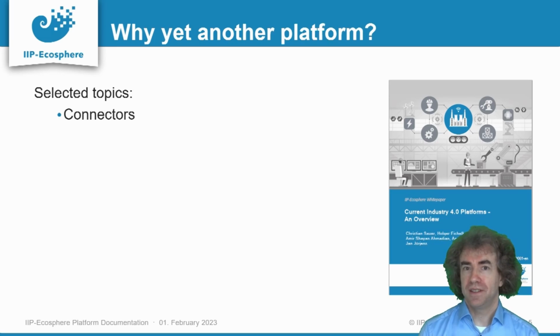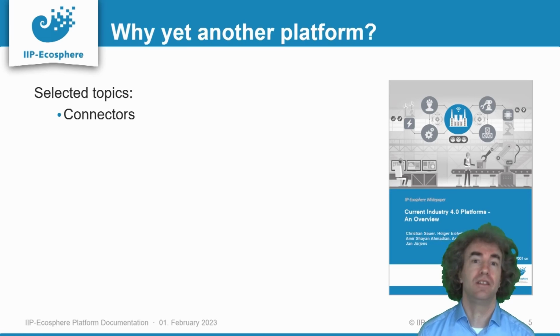At that point, it is interesting to know that some of these platforms provide you with more than 30, some even with more than 100 connectors. Not sure whether these are connector types, protocols, or individually programmed connectors, but they have a broad capability of connecting you to a lot of things in your environment. For sure, for us it's difficult to keep up with that, so we focus on certain standardized protocols here.